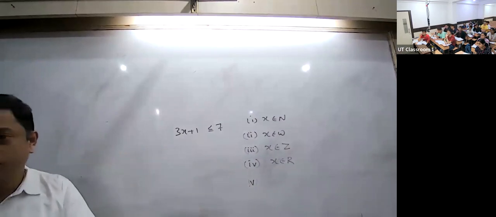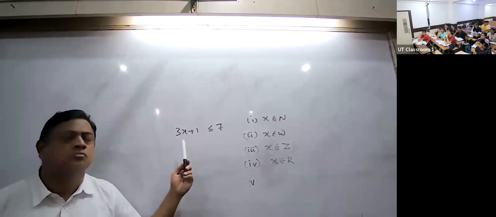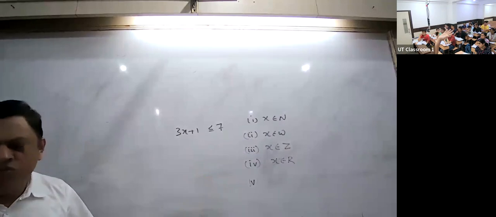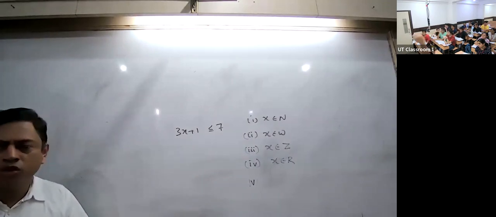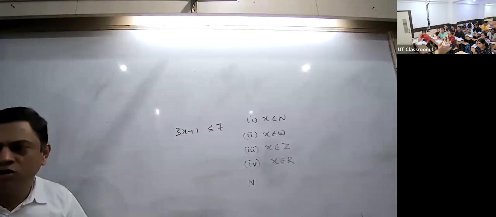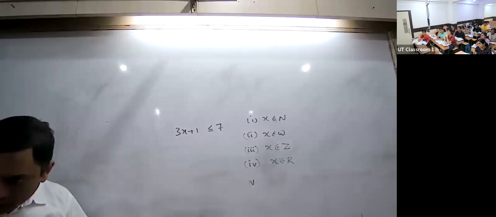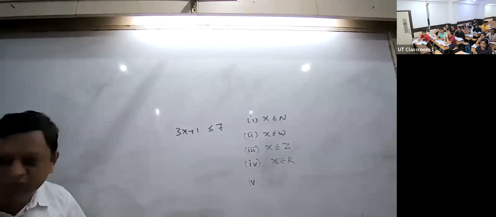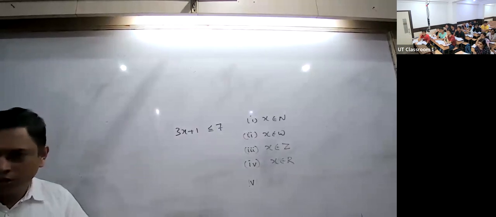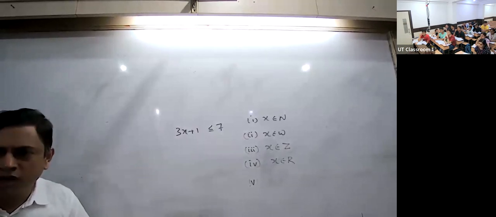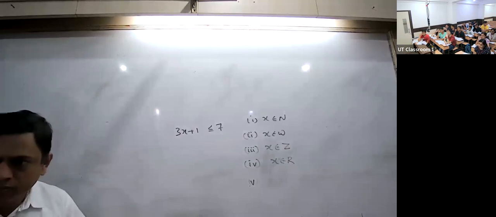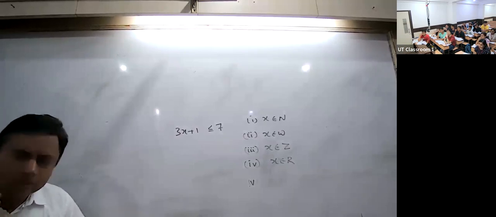There are 5 different cases. In the first case, the question says solve, which means you don't need to draw the number line. Second case is solve and represent on the number line, which means you have to write the solution set and draw the number line. Third case is represent it on the number line. You have to solve, and it is better to always write the solution set.